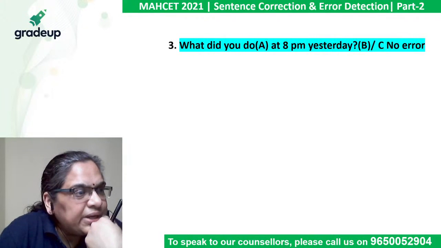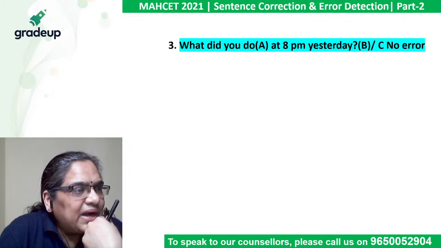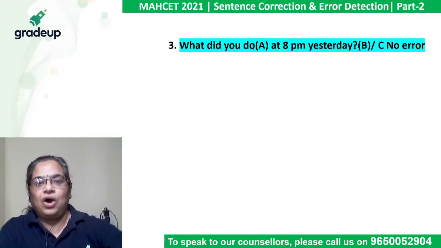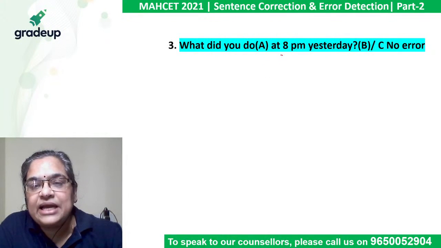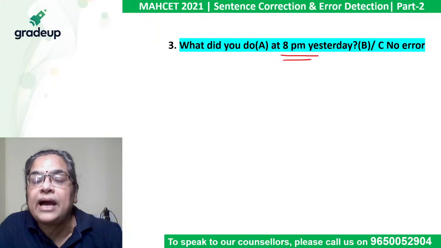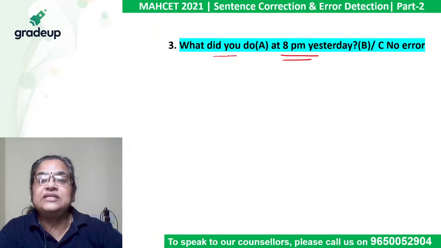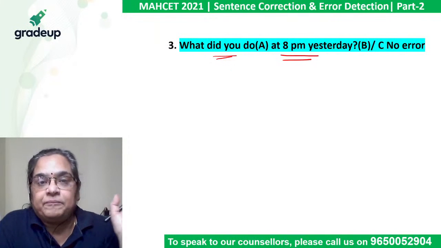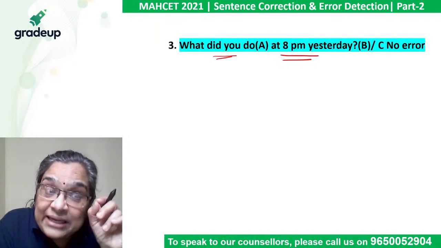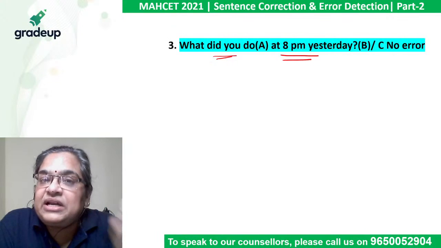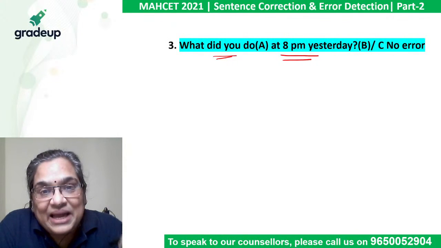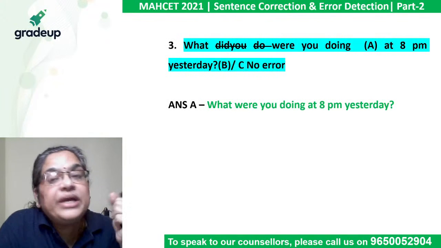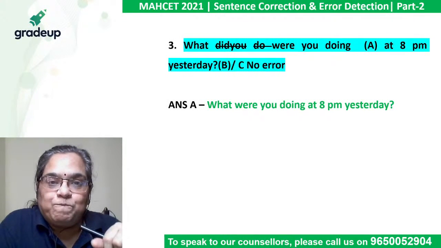No error, and A. I can see 2 types of answers, A and no error. All right. Since you are asking at a particular time yesterday, this is not correct. What did you do yesterday? That is correct. But at 8 p.m. specifically, if you are asking, then the sentence should be, what were you doing at 8 p.m. yesterday?